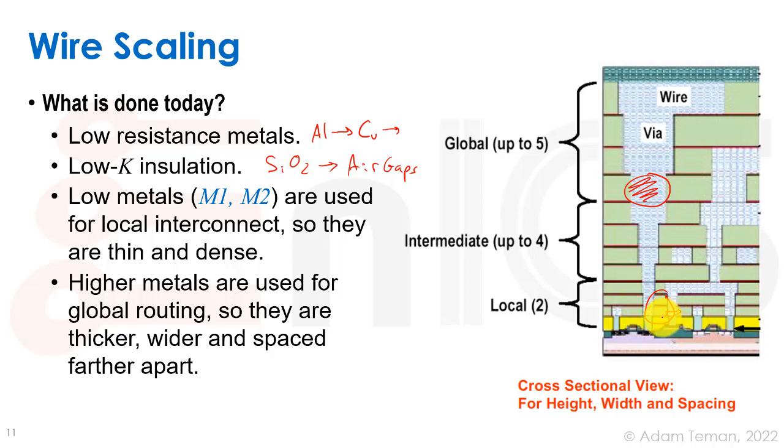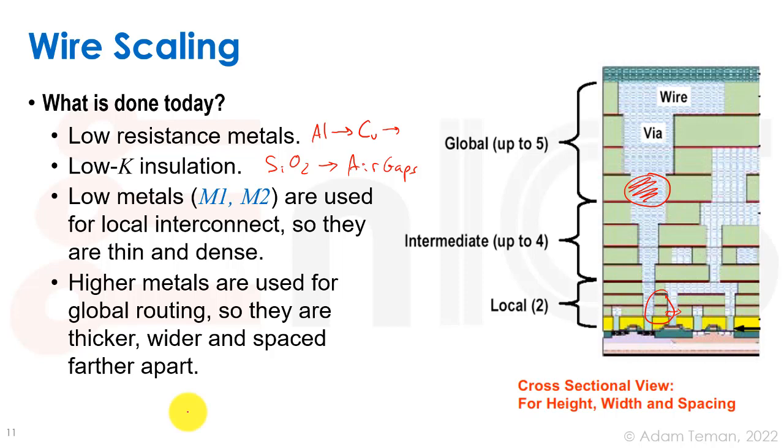They're used for local interconnect only. We do not want to have one of these wires running across our whole chip, because it's going to have a lot of squares, and therefore a lot of resistance, and it's going to dominate our delay, and it's also going to probably be very affected by coupling capacitance to other metal layers in the same layer as it.